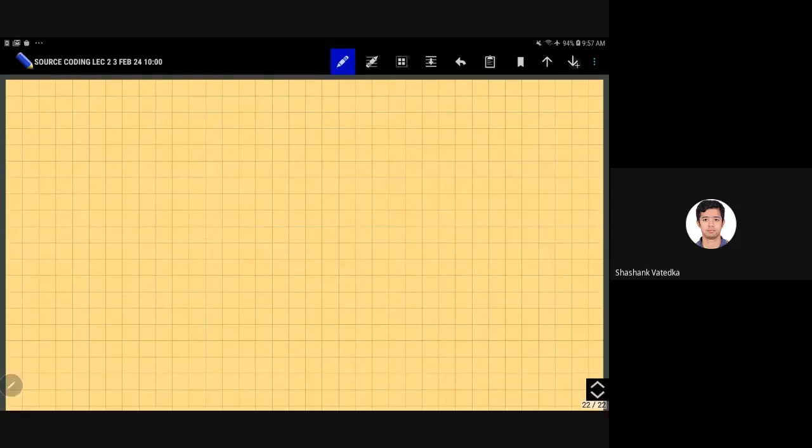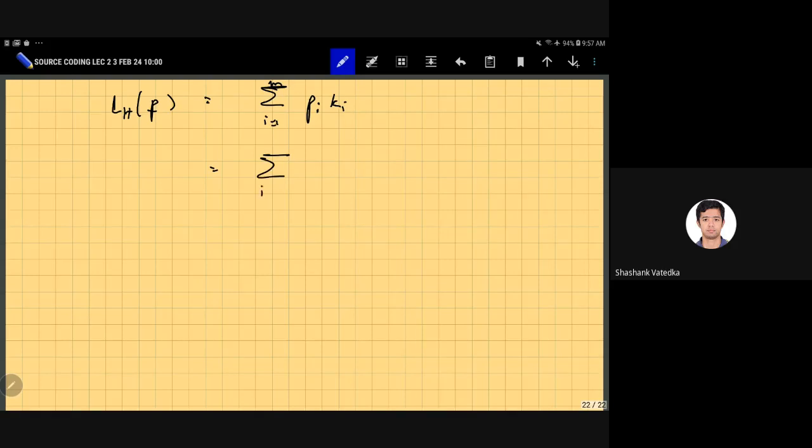Now let's look at the Huffman code. The expected length of the Huffman code for P is the summation i going from 1 through m of Pi Ki. But we know that the Huffman code is canonical.